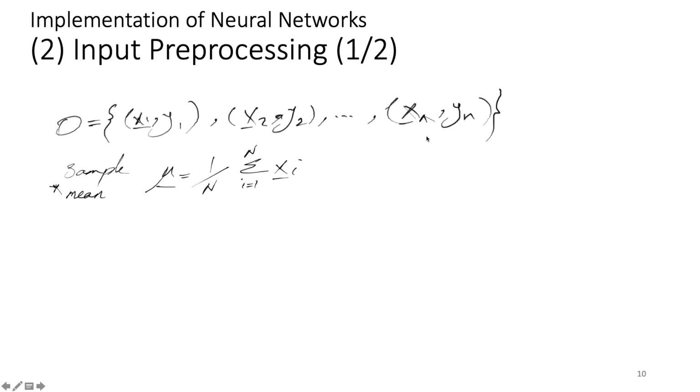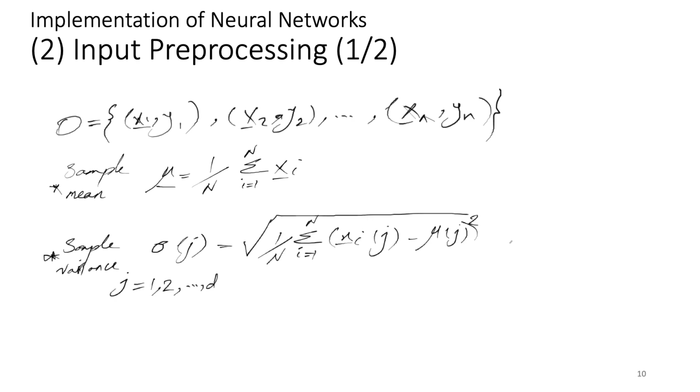In statistics, it's pretty easy to compute the mean, which we call mu. That's a vector of mu, which is simply the summation of all those x's divided by the number of them. Just like that, having a sample data set, you can compute the sample variance.